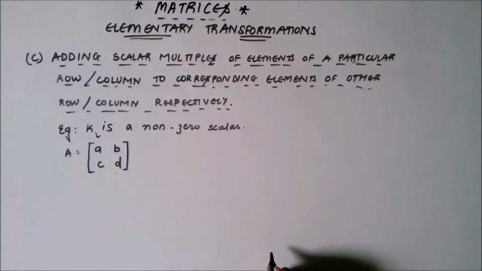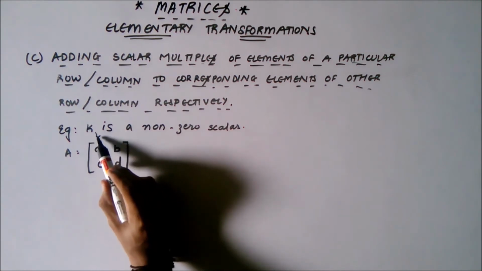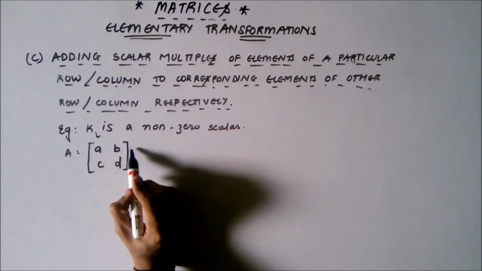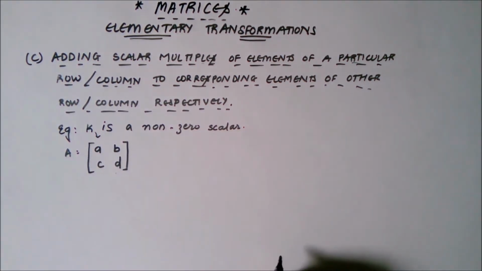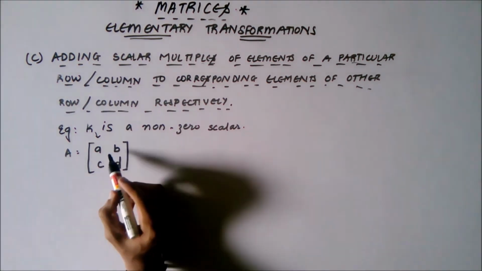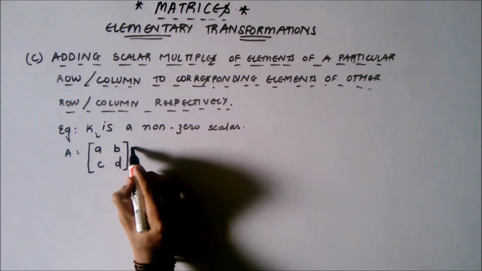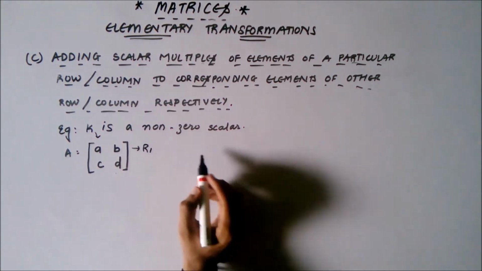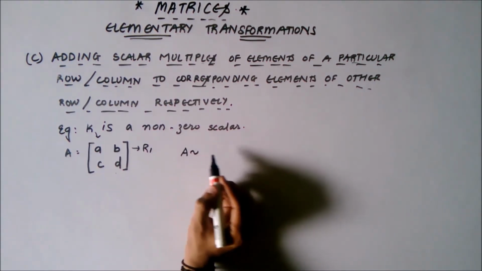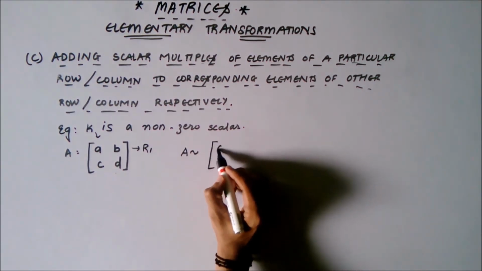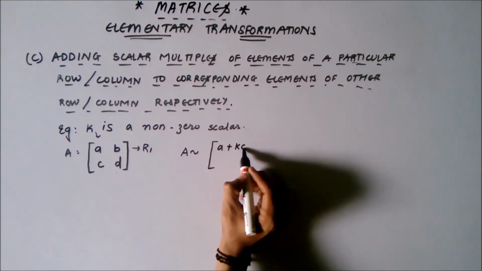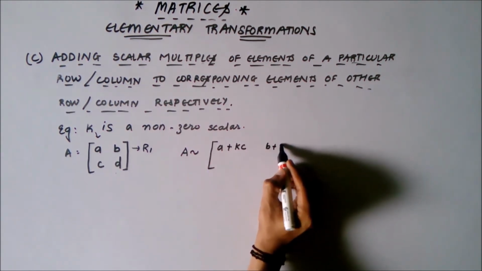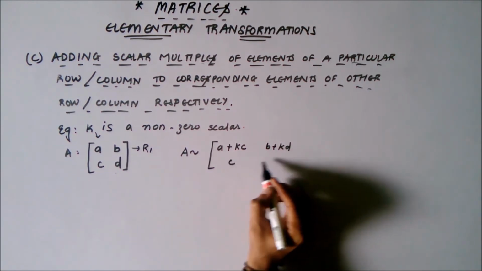In the earlier example, we had learned multiplying a scalar completely to a row or completely to a column. Now suppose we take row 1 and we need an equivalent matrix something like this: [A plus KC, B plus KD; C, D].